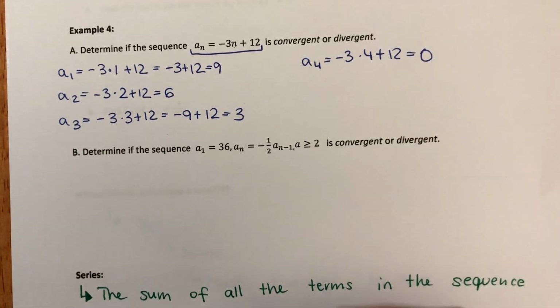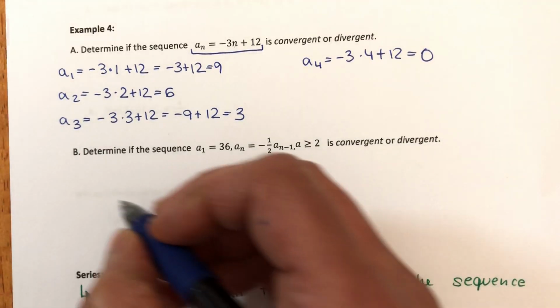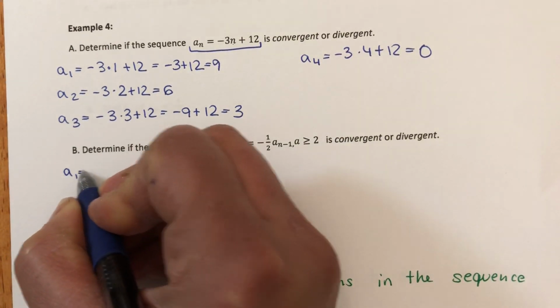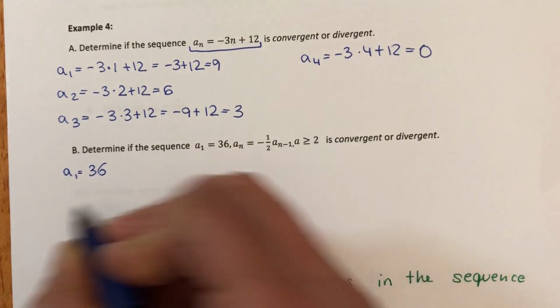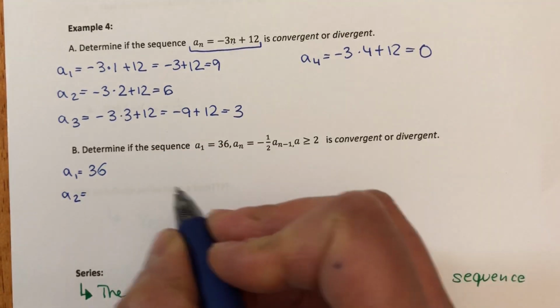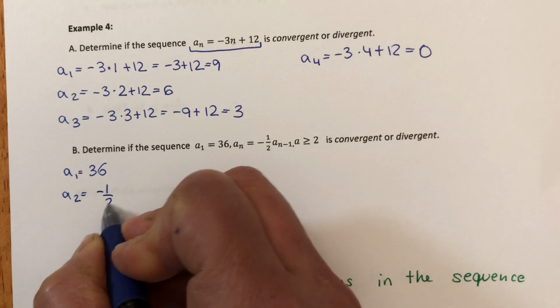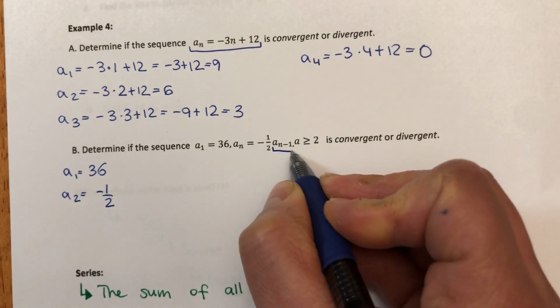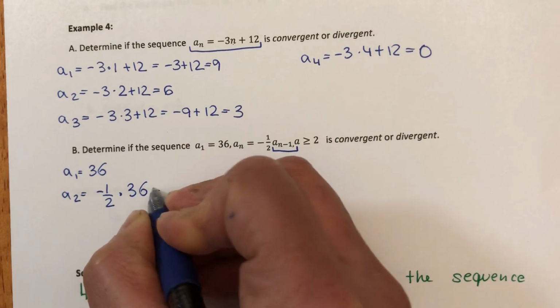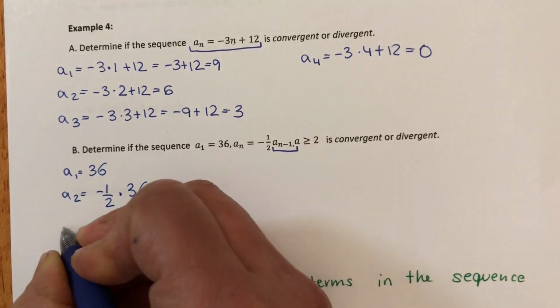So if you look at the second example, I want you to see the difference first. The first term is 36. The second term, if I follow the formula, is negative 1/2 times the previous term. The previous term was 36, so negative 18.